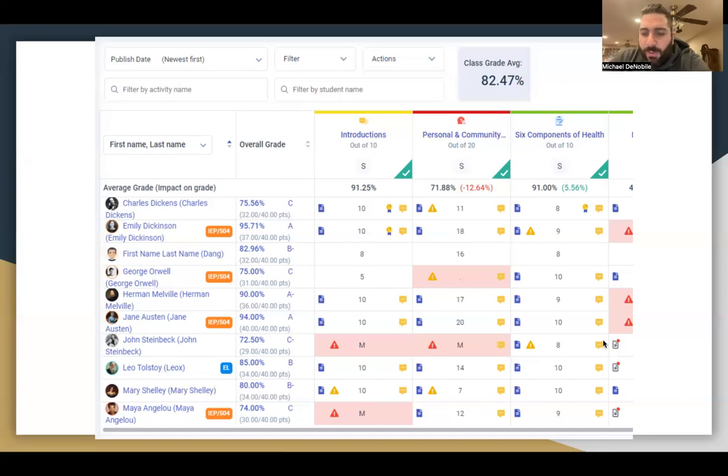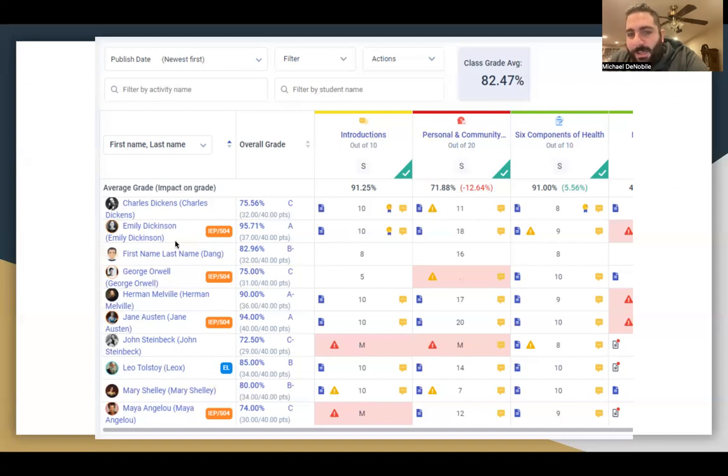So, for example, if we look at this, John Steinbeck is clearly not doing his work. He's probably writing too many novels at home, and he needs to figure things out. Meanwhile, Charles Dickens, yeah, he's squeaking by, but he's doing his work. He's doing what he needs to do.